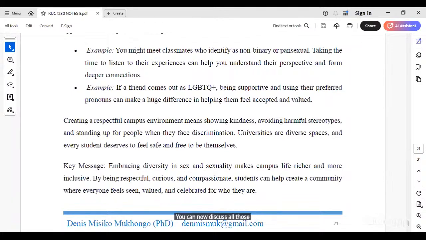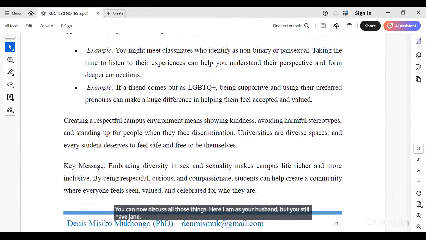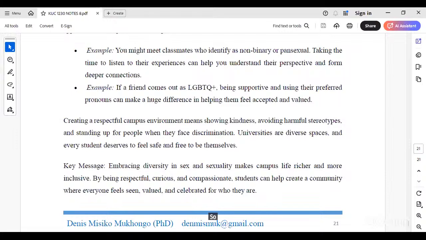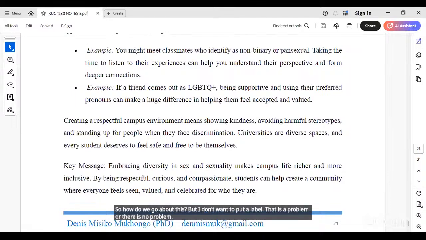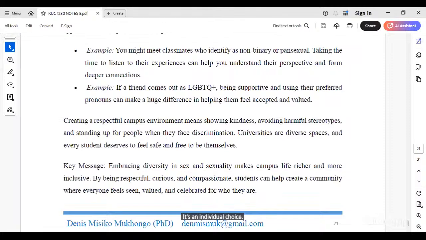You ask her, here I am as your husband, but you still have Jen. So how do we go about this? You will get somewhere and understand each other. But I don't want to put a label and say that is a problem or there is no problem. It's an individual choice. You sit down with her, then you decide, you discuss, and you will agree on the best way forward.